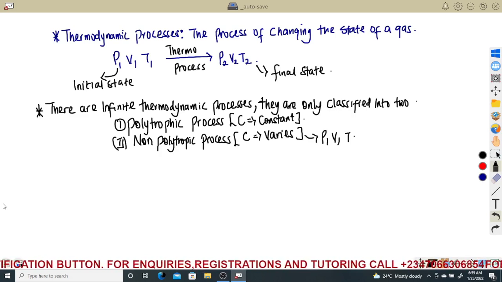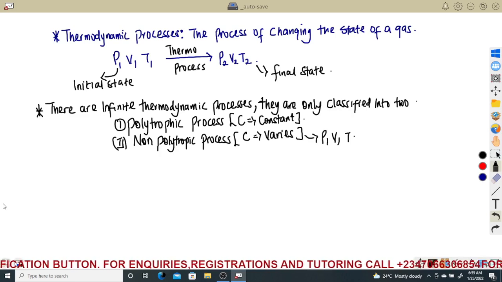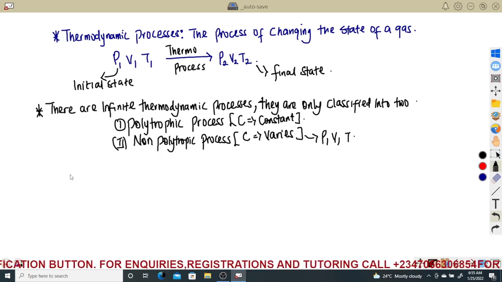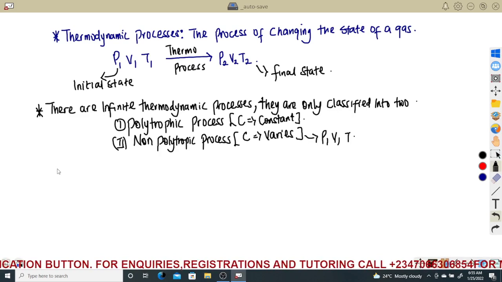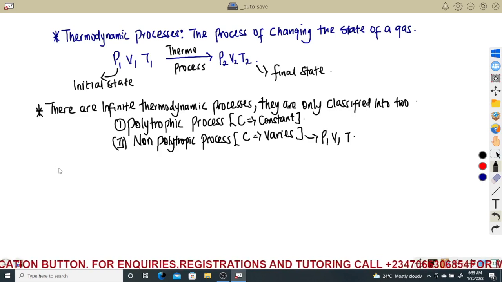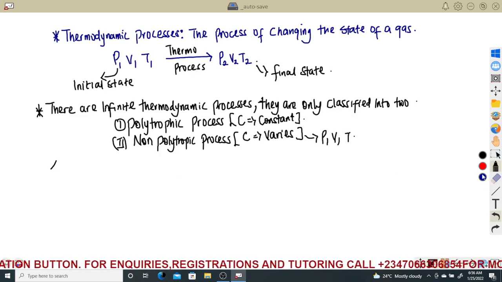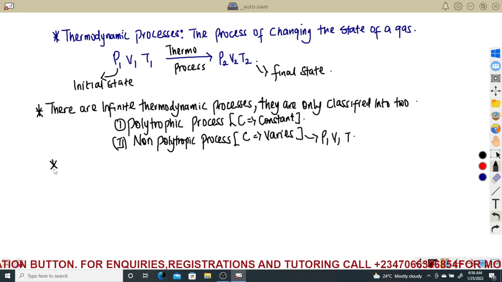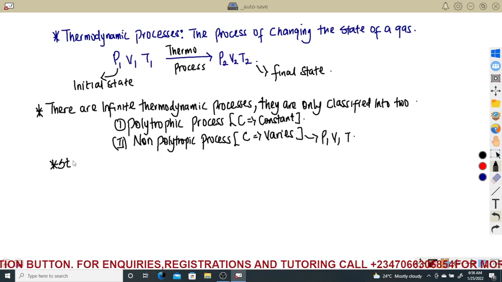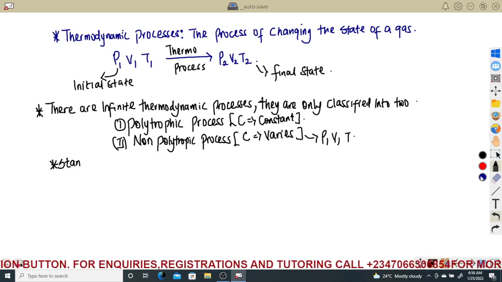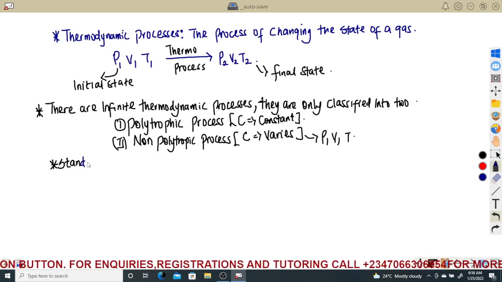But for understanding's sake, the polytropic processes are now divided. When the molar specific heat is constant, they are classified into what we call the standard polytropic processes. I want to change to blue to finish up the video.